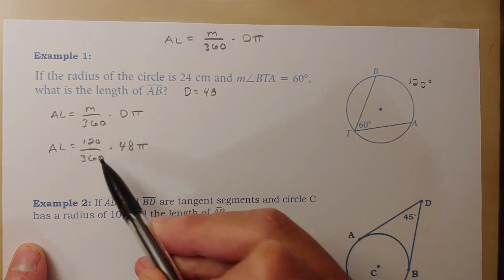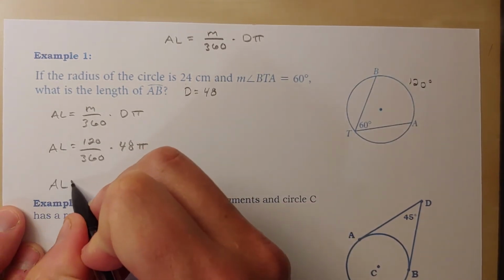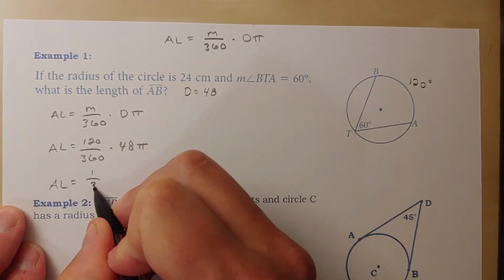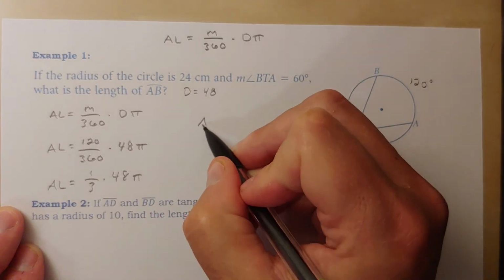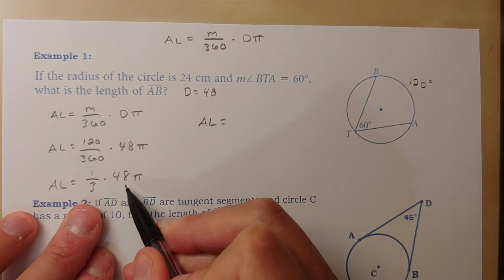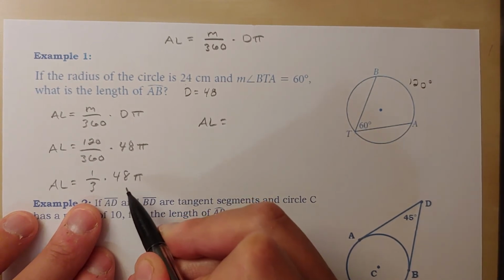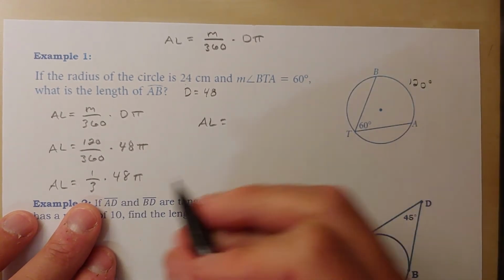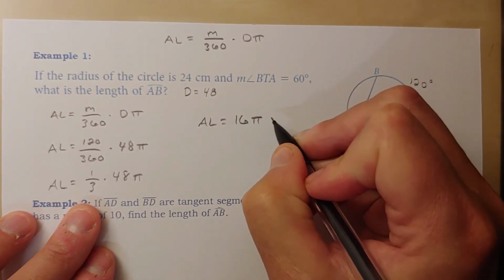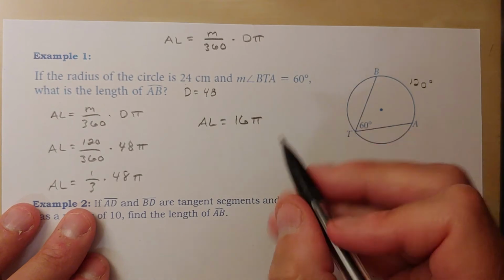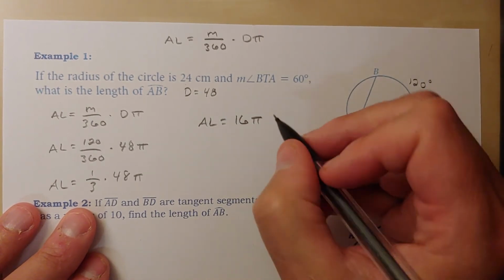Well, of course I can. 120 over 360, that's 1/3. So I really have 1/3 times 48 pi. And 1/3 times 48, well, that's 16. So what I really have is 16 pi. This is my final simplified answer.